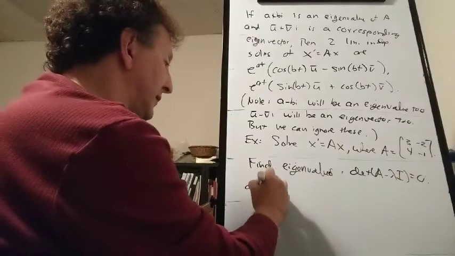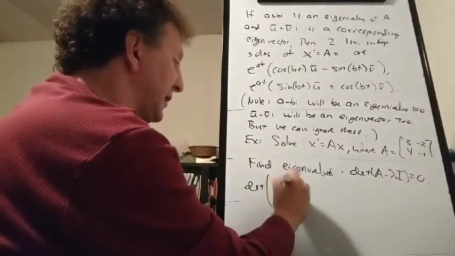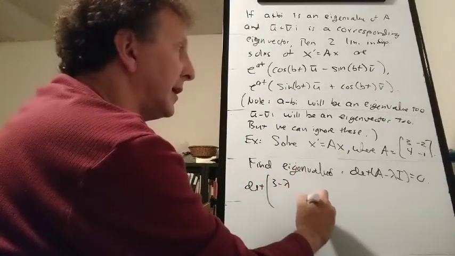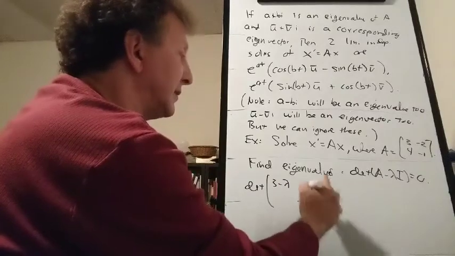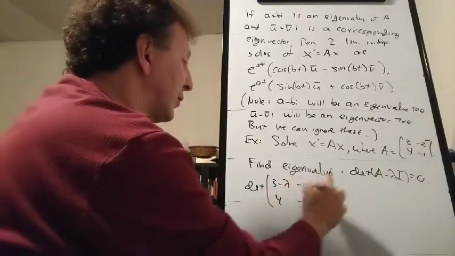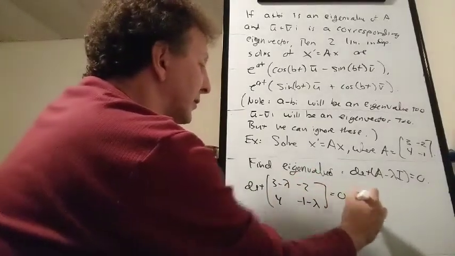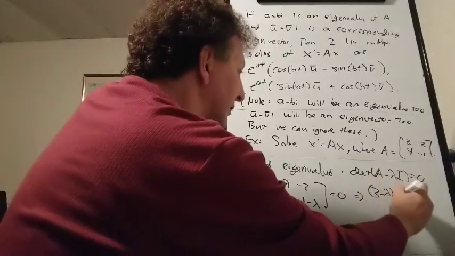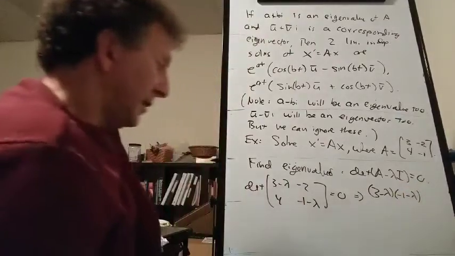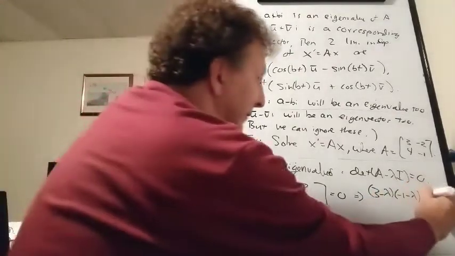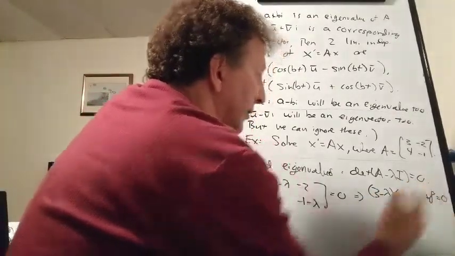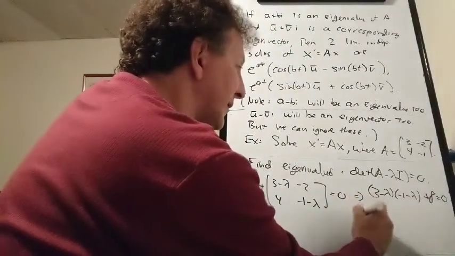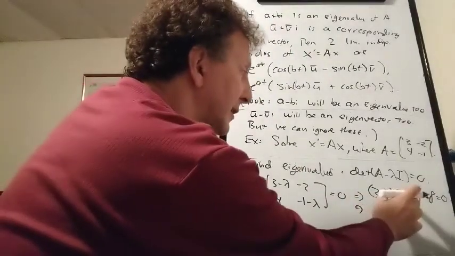So the determinant of 3 minus lambda, -1 minus lambda, -2, 4 equals 0, means that 3 minus lambda times -1 minus lambda minus -8 equals 0. So what do we have?